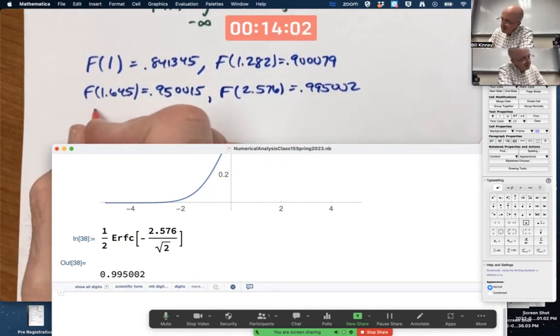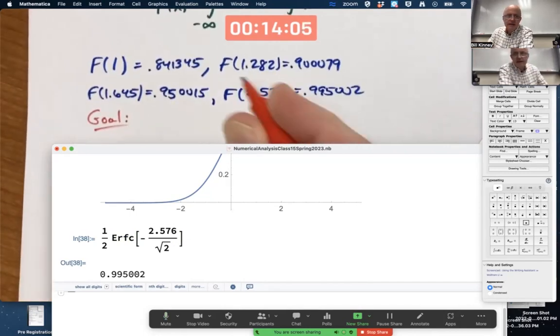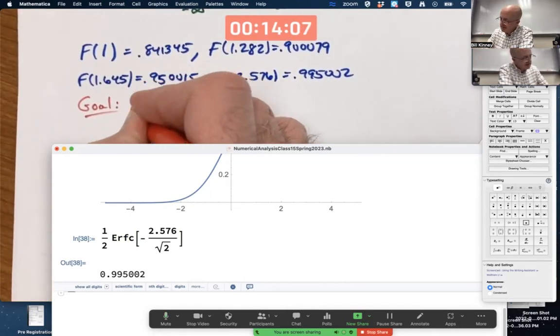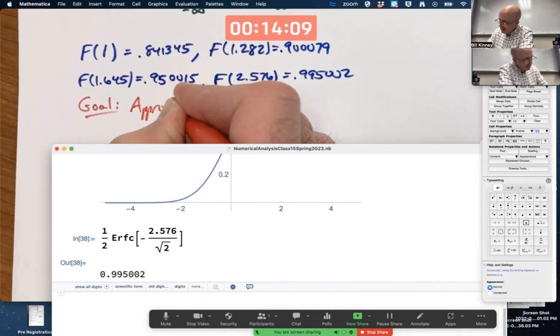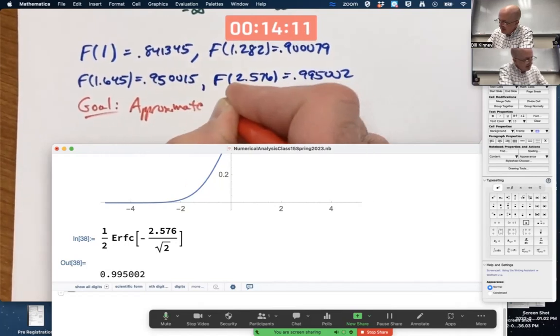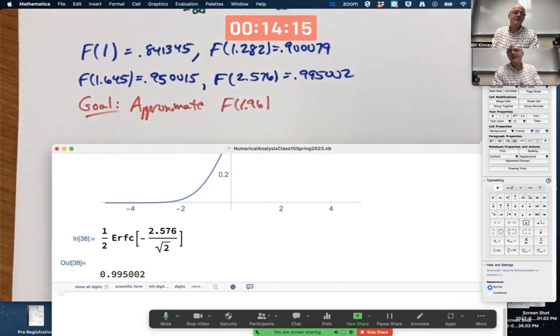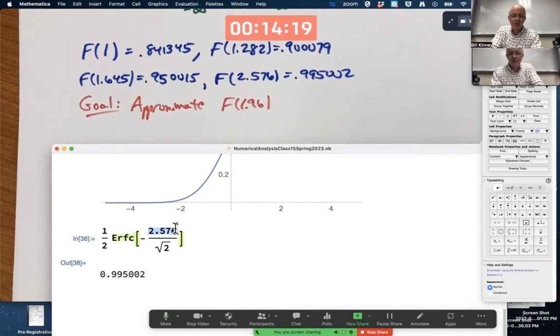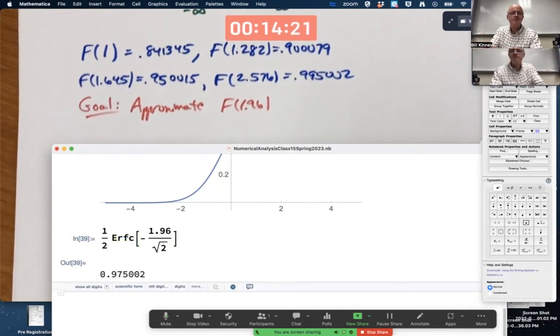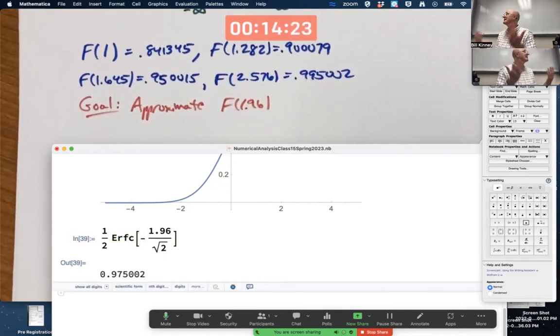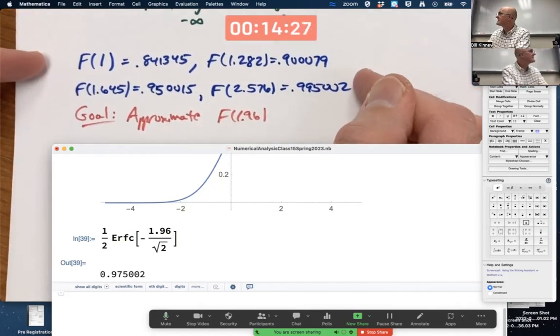Goal is to approximate capital F of 1.96. We know what the answer should be, close to 0.975. Let's see how interpolation does. It's 4 data points, 4 nodes.